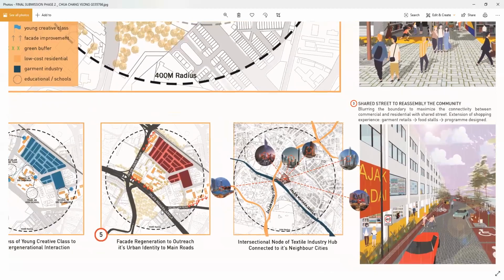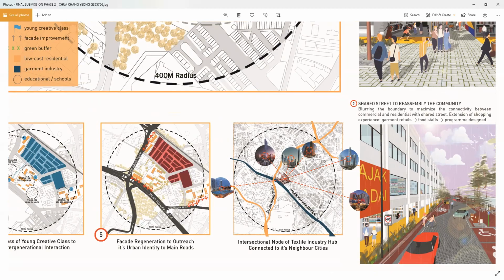And then the fifth one, the last one. As you can see, the commercial zone is located inward, inside, and surrounded by the residential zone at the outer part.